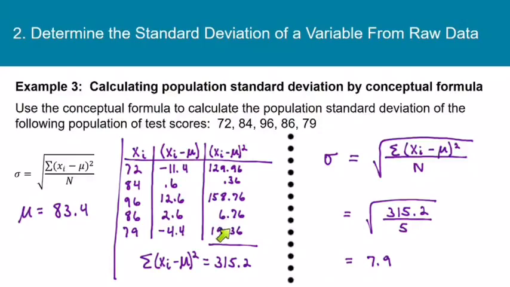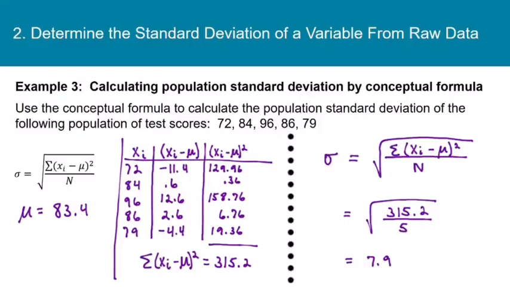So then you can sum this third column like I did here. And then when you found that sum, you can come over here and say, okay, population standard deviation is this formula. The top expression gets replaced by this number, and the population size is this, and then it's an easy hop from here to the calculator to get the final value.